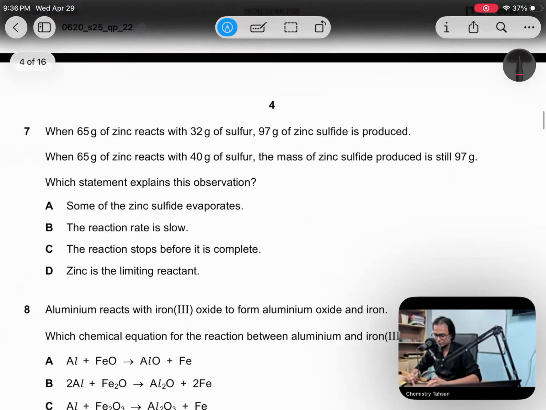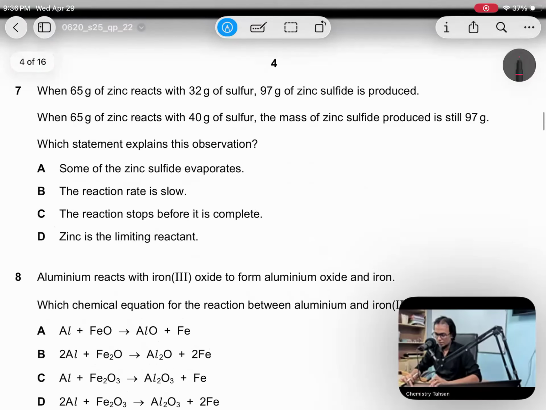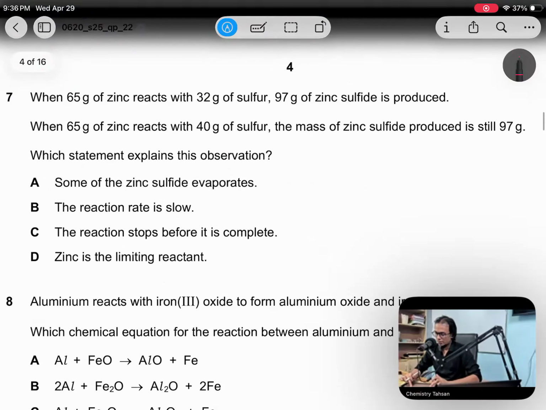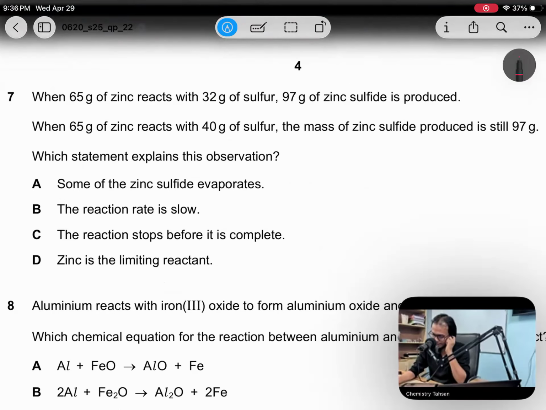Number 7, if you are with me, when 65 gram of zinc reacts with 32 gram of sulfur, 97 gram of zinc sulfide is produced. So if we write the reaction, zinc and sulfur form zinc sulfide.